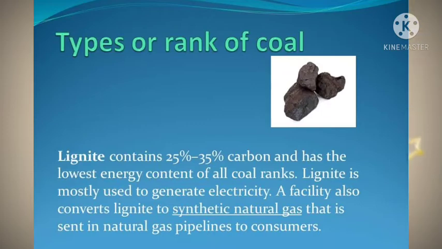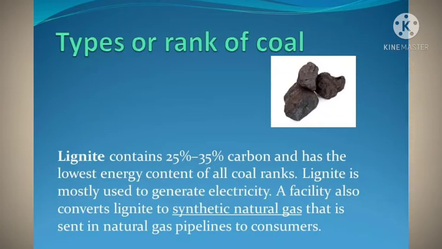Types or rank of coal. There are four major types or ranks of coal. First of them is lignite. Lignite contains 25% to 35% carbon and has the lowest energy content of all coal ranks.